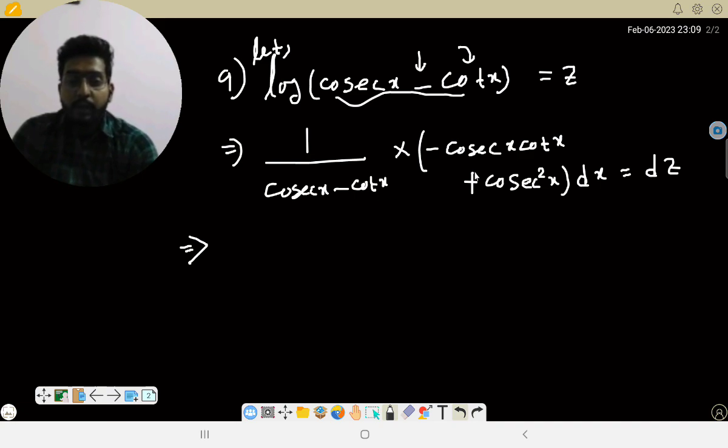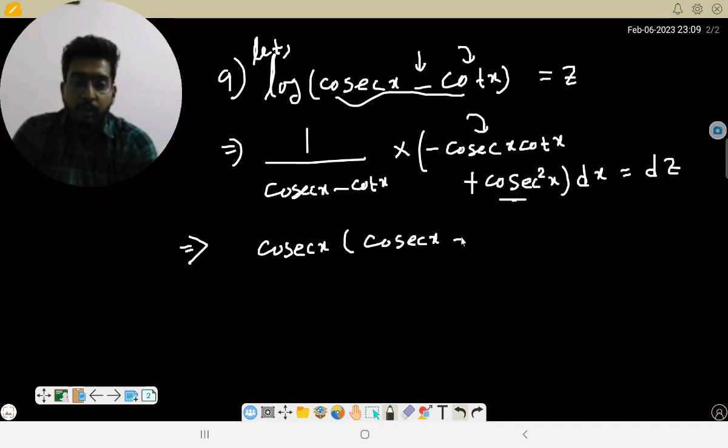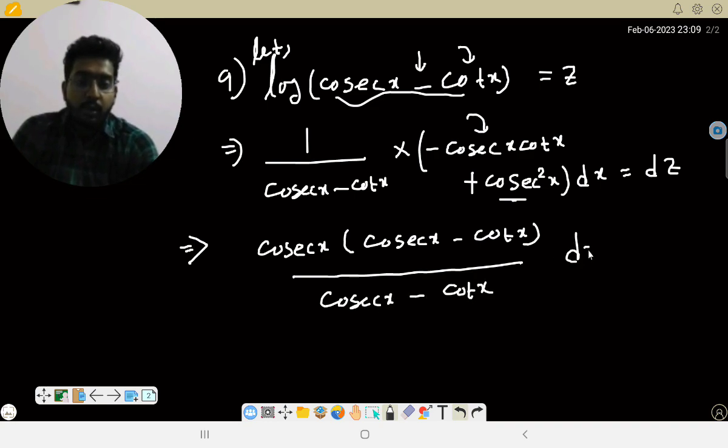From these two terms you can take cosec x common. If I take cosec x out, it will become (cosec x minus cot x), and the denominator is also (cosec x minus cot x), dx equals dz.